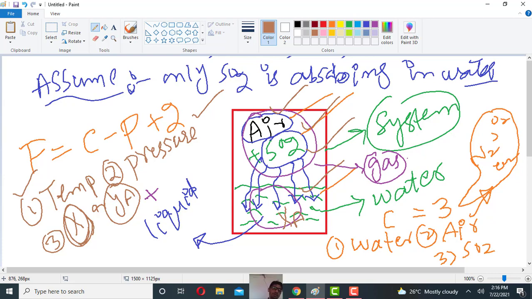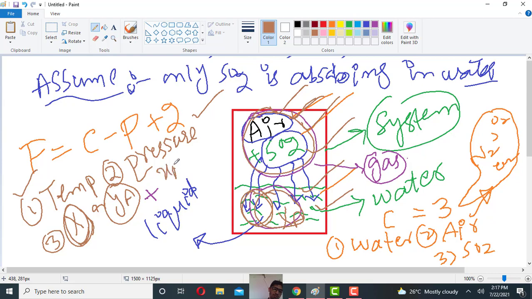We will define the mole fraction of sulfur dioxide in the gas phase. We will define the mole fraction of sulfur dioxide in the water and the mole fraction of water in the liquid phase by using a relation which shows that the sum of mole fractions is 1.